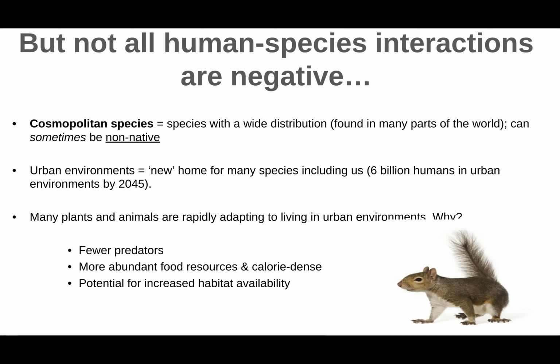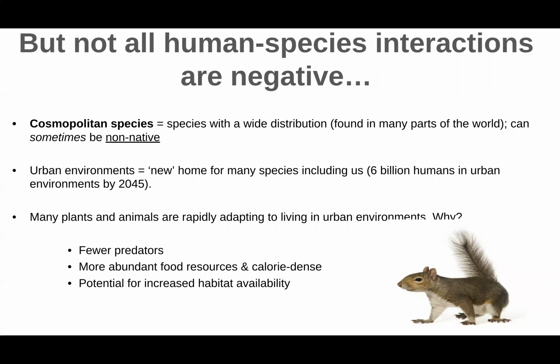So one of the things humans have done that's interesting in the way we're changing communities is creating urban environments, which creates all-new homes for very many species. It's creating all sorts of new ways for species to interact with one another in a community. And one of the interesting things that's happening is that many plants and animals are rapidly adapting and even evolving to these new urban environments.